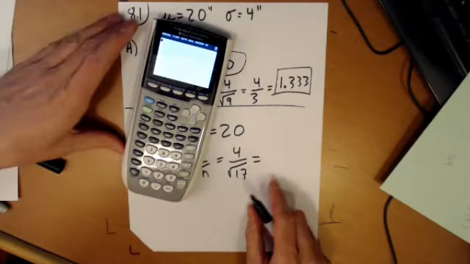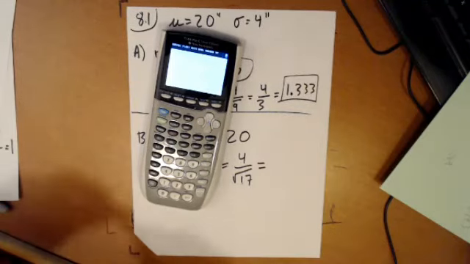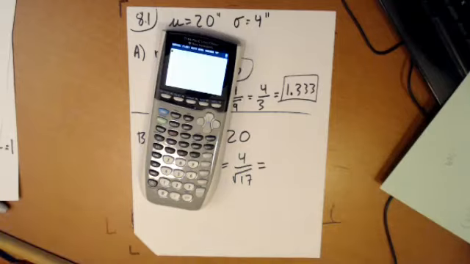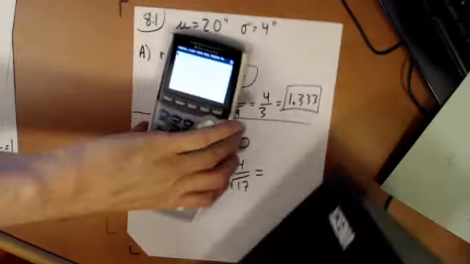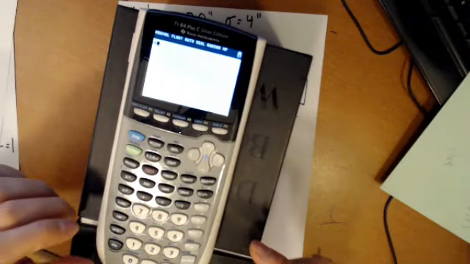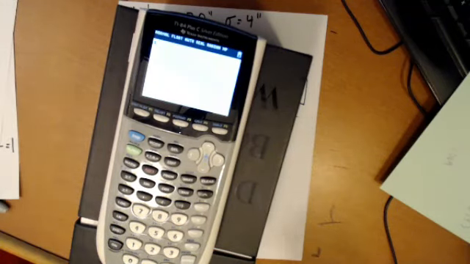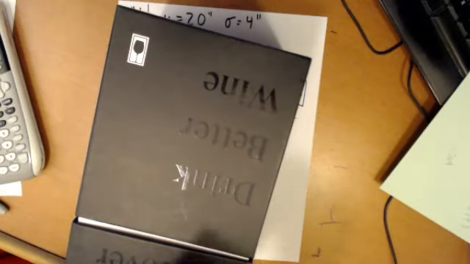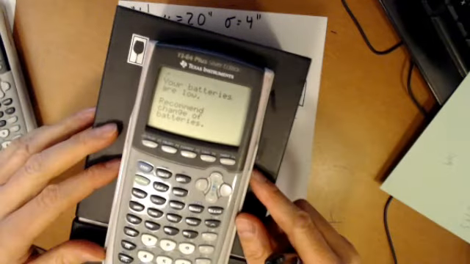So what I would do on my calculator is, I'm not sure, let me try something. Does this help? My other calculator works better for this. So I'm just going to do 4 divided by root 17. Batteries are low.